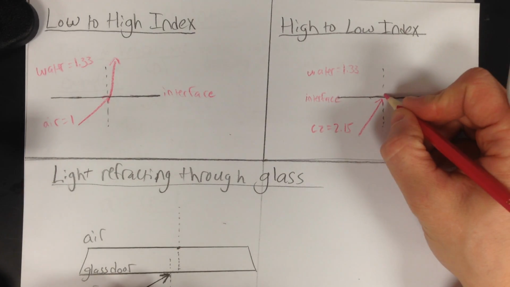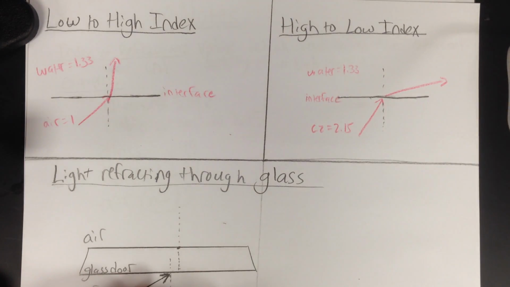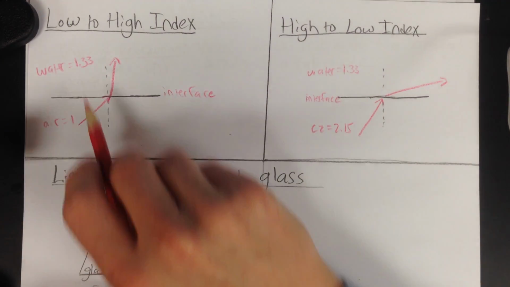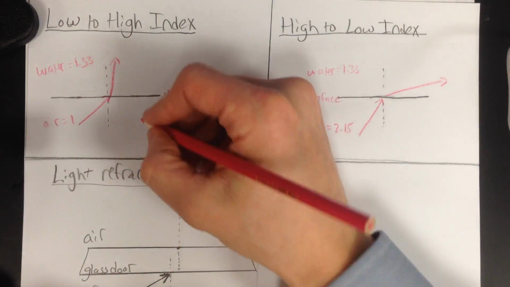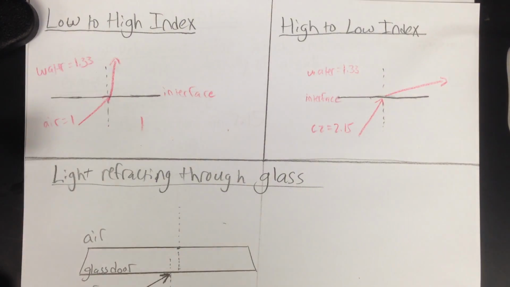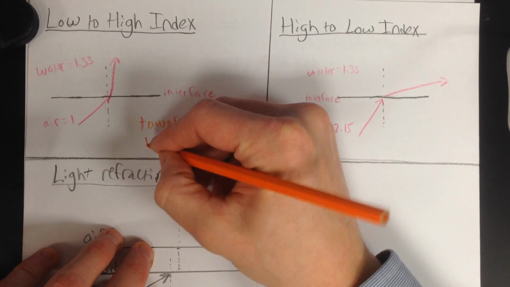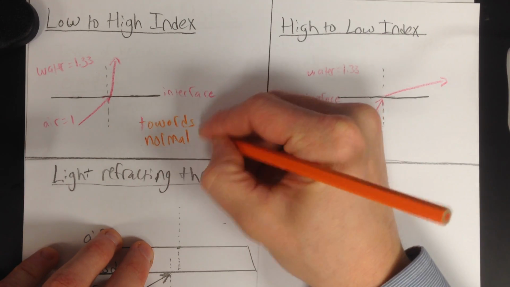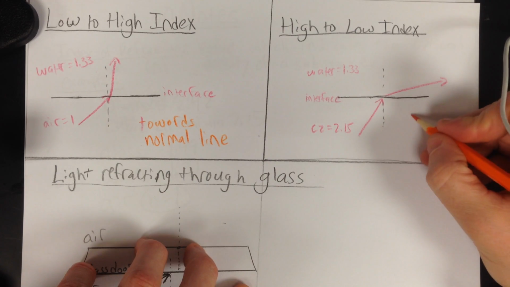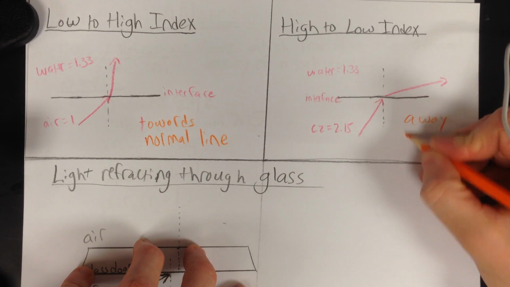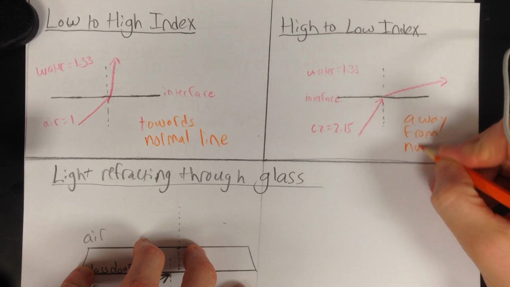Well, we saw that when that happens, it goes away from the normal line instead. So low to a high index, it goes towards the normal line. From high to low, it bends away from the normal line.